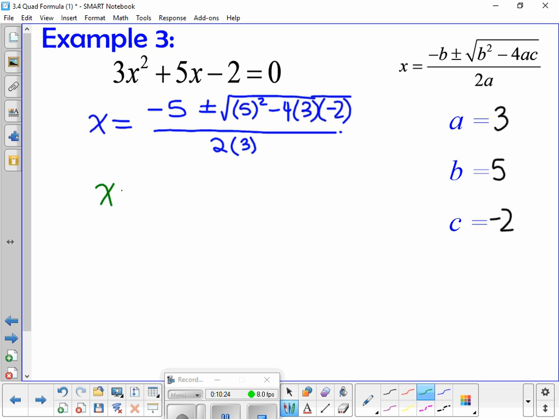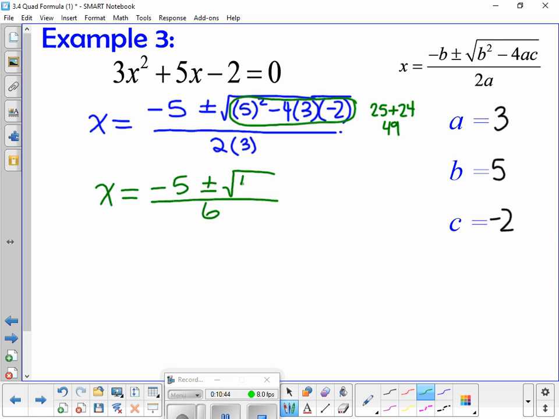Let's simplify and figure out what is inside that radical. Negative 5 plus or minus, this is all over 6. Well, if we're simplifying 5 squared minus 4 times 3 times negative 2, that's the same as 25 plus 24, which adds up to 49. Again, you can use your calculator.